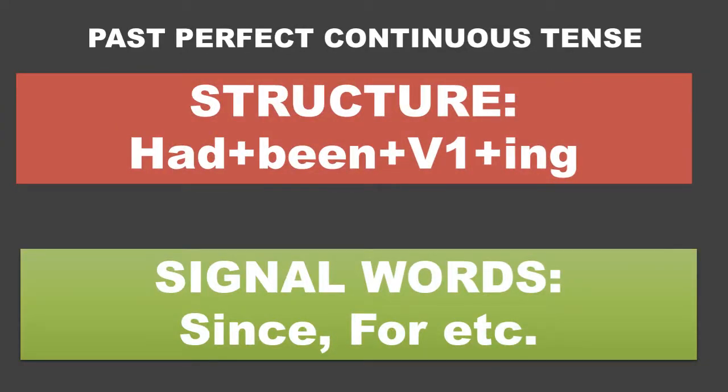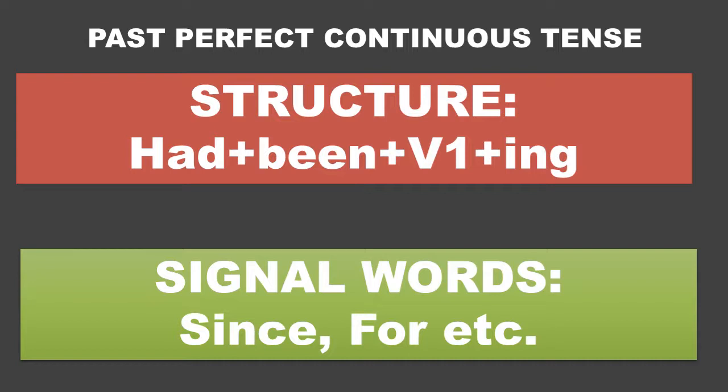Past perfect continuous tense is used to indicate an action that occurred before a certain point of time in the past, had continued up to that moment, and was still in progress at that moment, or had recently finished. Now, if you look at the signal words, a question may arise that the signal words of present perfect continuous tense and past perfect continuous tense are the same, which is since and for.